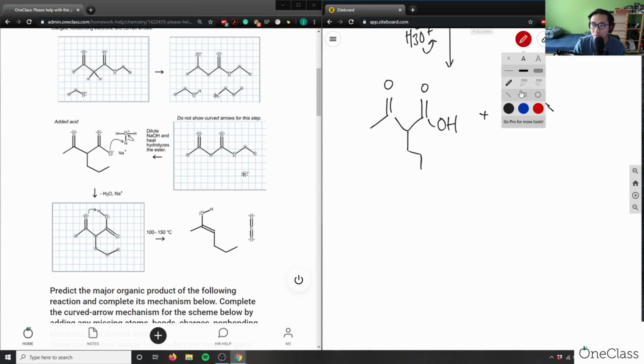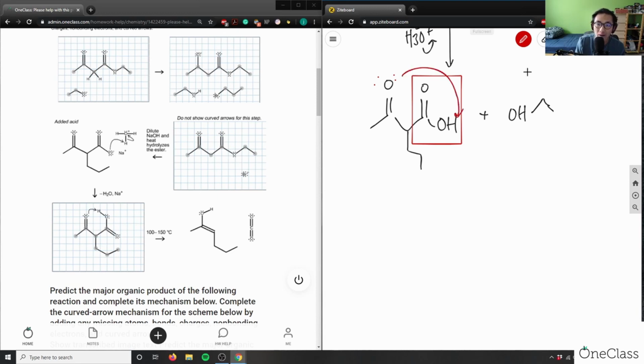As you can see, let me just draw this out for you. This here is actually a CO2 group, right? I have this carbon here in the middle, 2 oxygens and the hydrogen here. So what's going to happen is the negatively charged oxygen here is going to attack this hydrogen here.